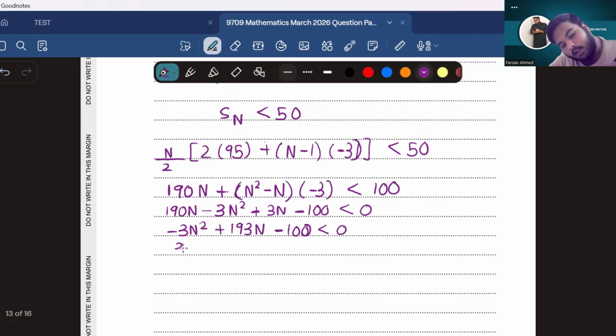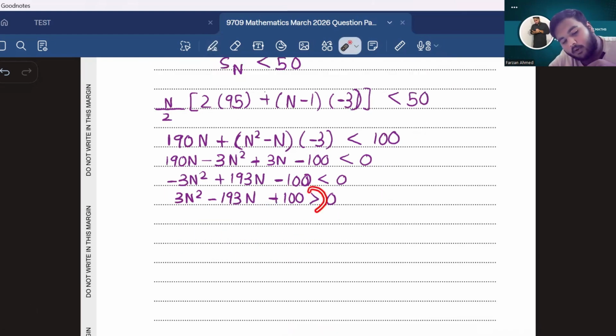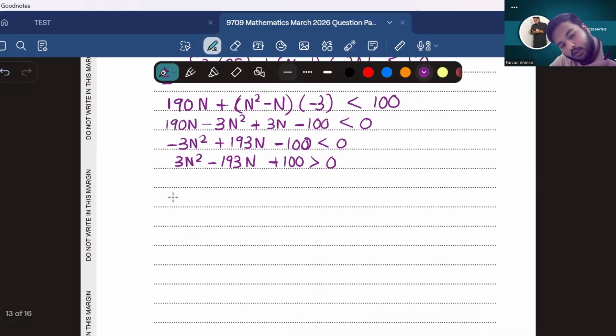So this will be 3 n square minus 193 n plus 100 is greater than 0. Because I have changed this sign, we will also change this. Now we got 3 n square minus 193 n plus 100 is equal to 0.